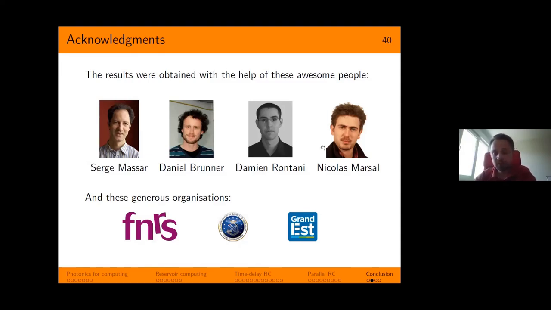Then Damien Rontani and Nicolas Marsal who are my colleagues at CentraleSupélec in Metz, and also Daniel Brunner, who is a researcher at FEMTO-ST in Besançon. And with those three, we developed together the free space system, the large-scale setup based on the SLM, that we applied to the recognition of human actions in videos.